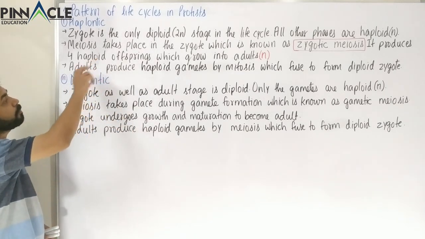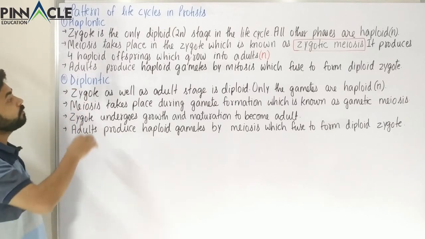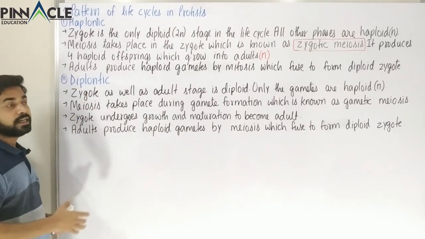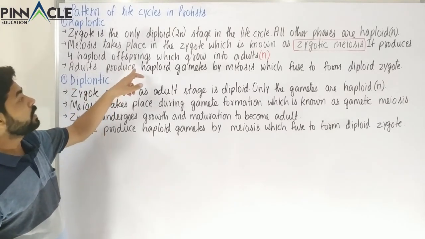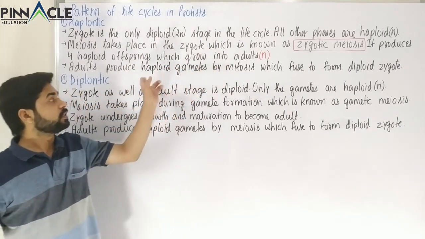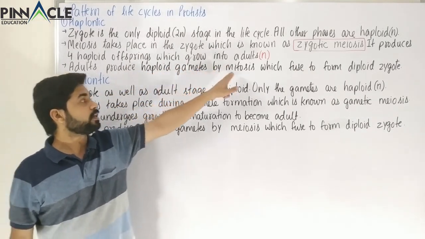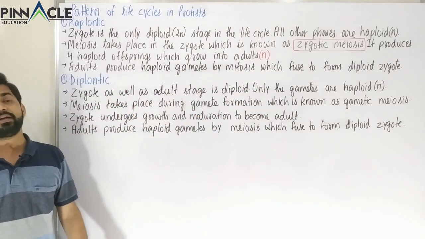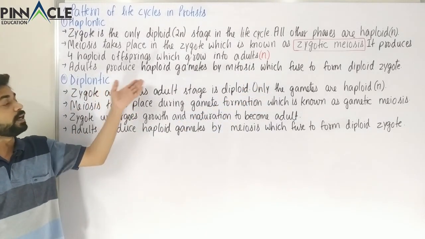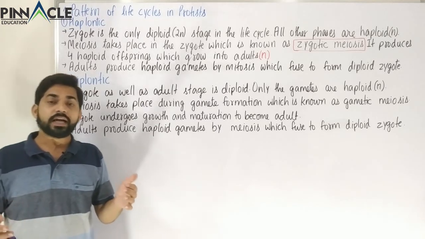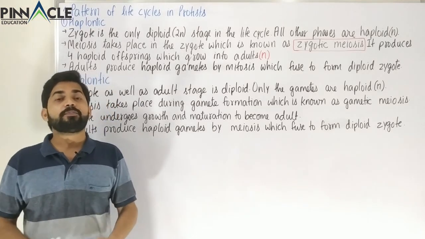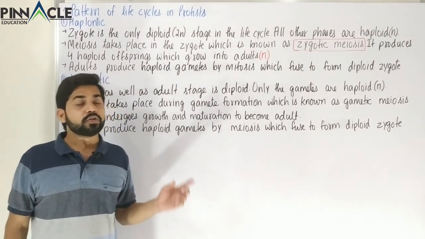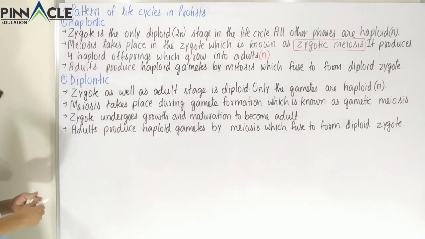Whatever process we have studied here, we are going to study with the help of a diagram. The adults, which are haploid, produce haploid gametes by mitosis, which fuse to form the diploid zygote. When gametes fuse, they produce a zygote. Now we are going to see that with the help of a diagram.